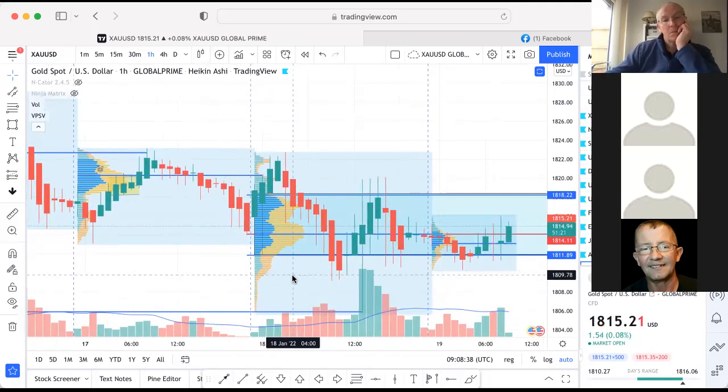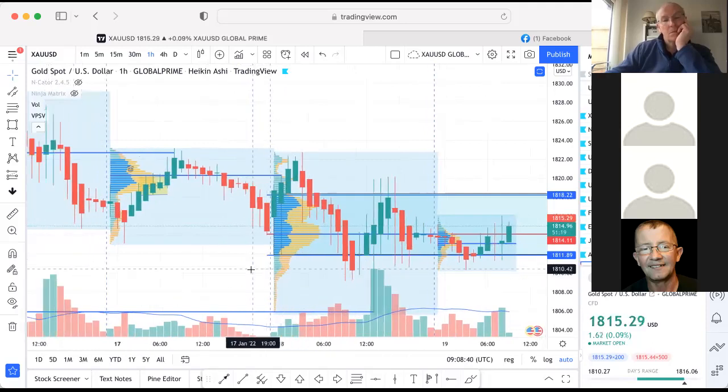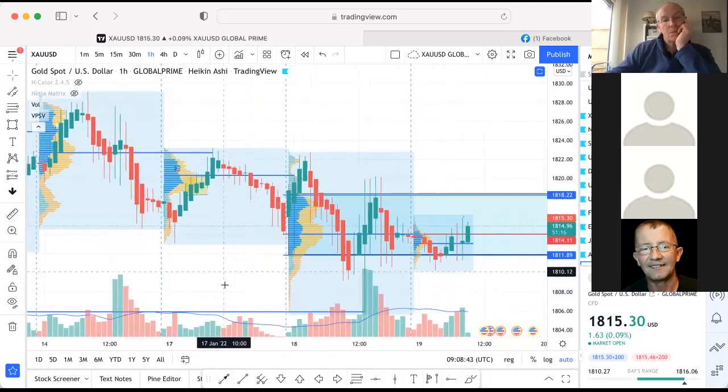What I prefer to do is perhaps put an alert on that line, whatever line you were thinking of putting a sell stop on, and then come back and look at the charts when the alert fires. And I would be looking for price to break through that line and perhaps a candle to close below that line, rather than blindly set a pending order, which you could get stopped out fairly quickly if it reverses.